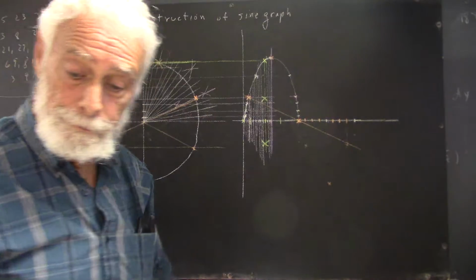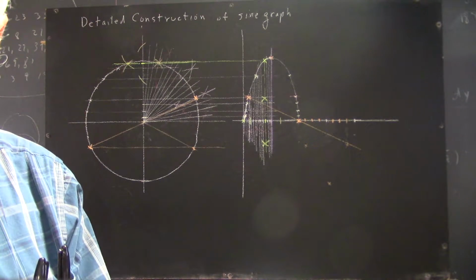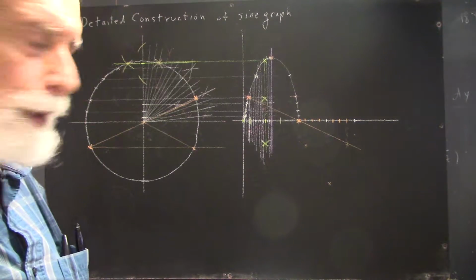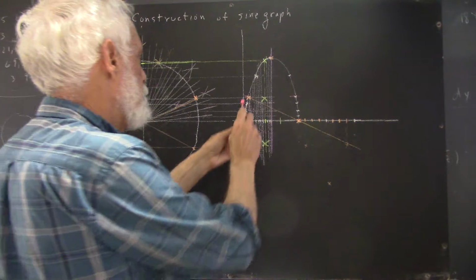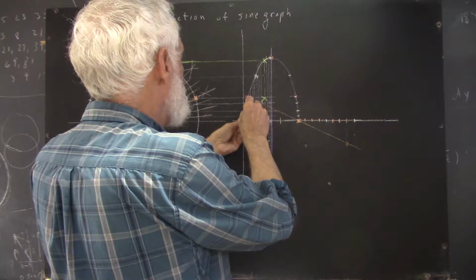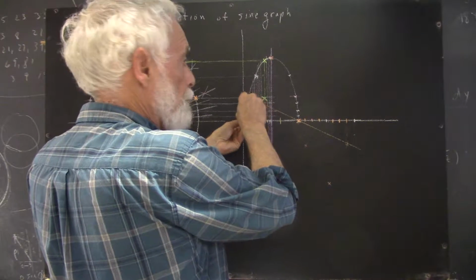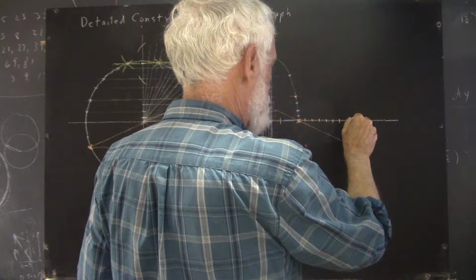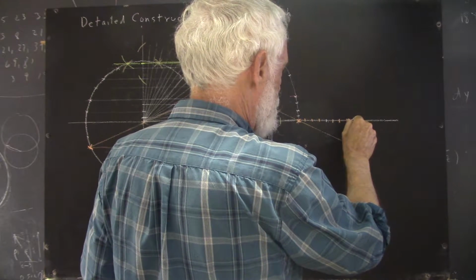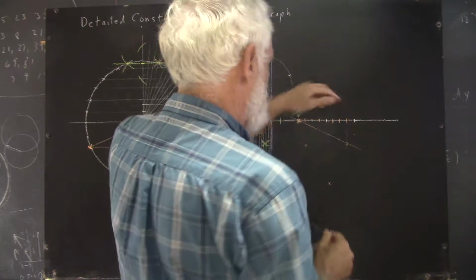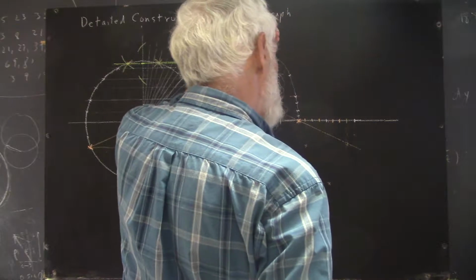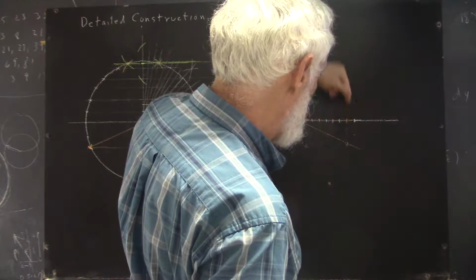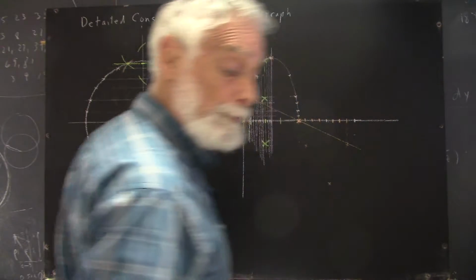And then, well, I have two options. I can locate the point that lies this far below the axis here. But that's going to be kind of tricky because I don't have a good perpendicular here.